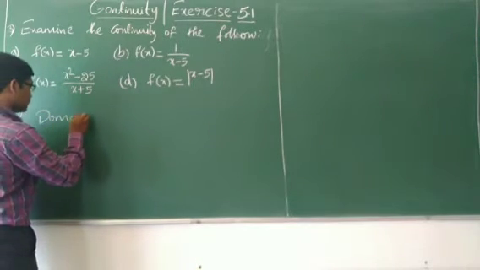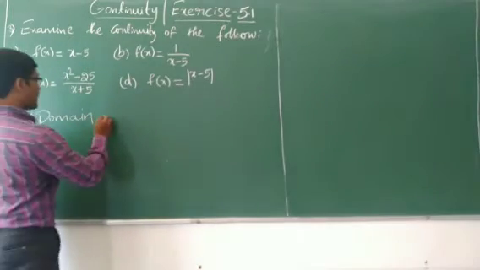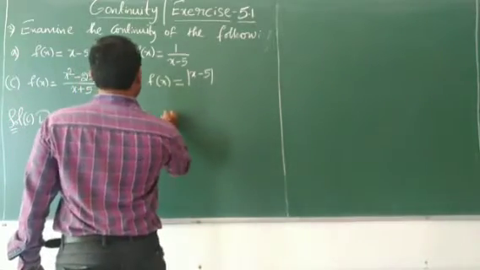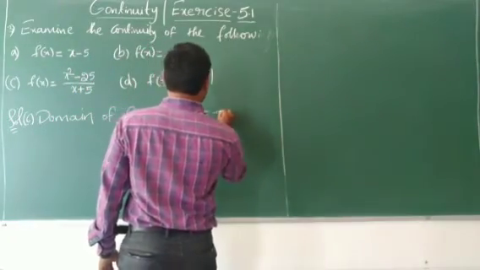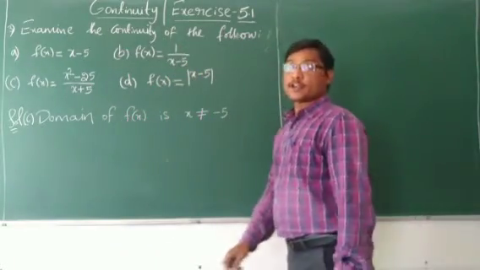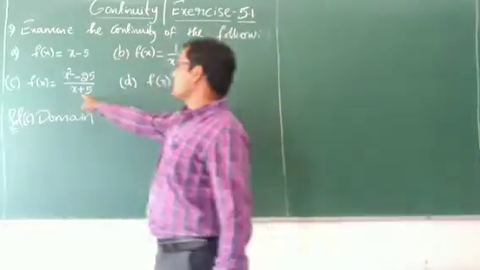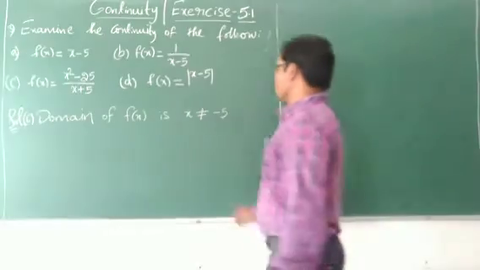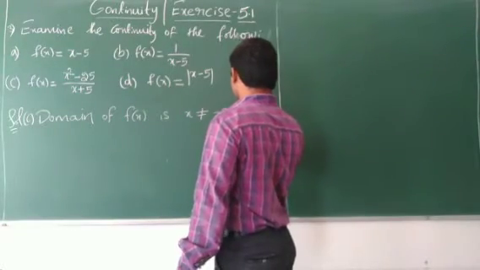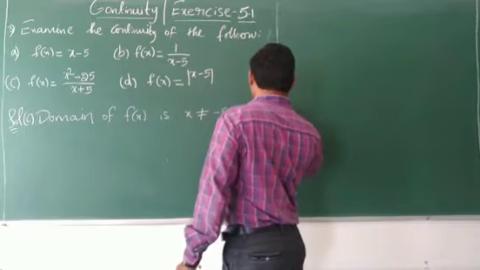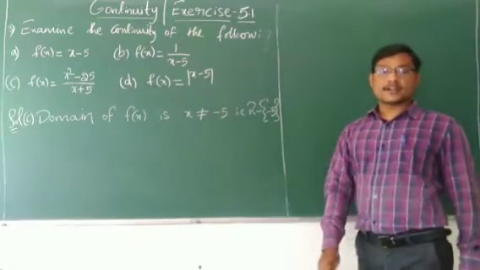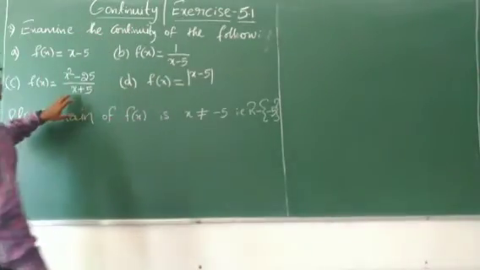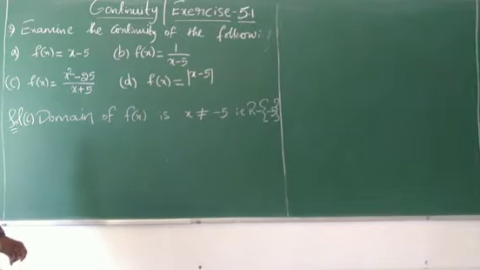The domain of f of x is x not equal to minus 5. If you take x equal to minus 5, the denominator becomes 0. That is, you can write this as R minus {-5}.